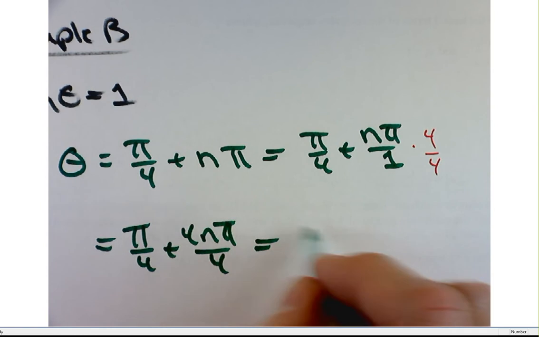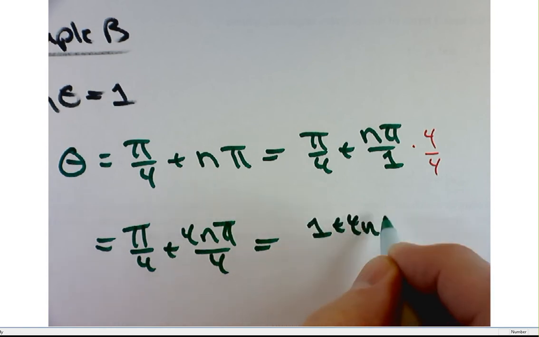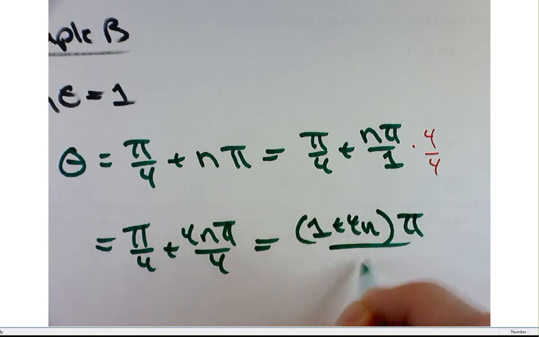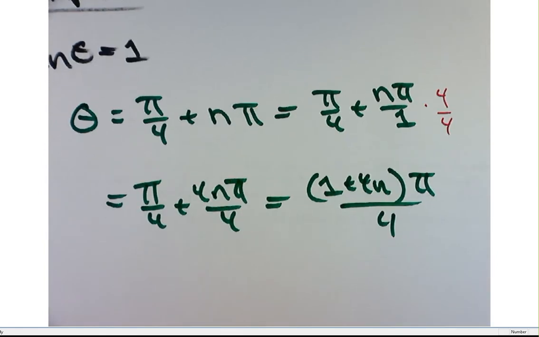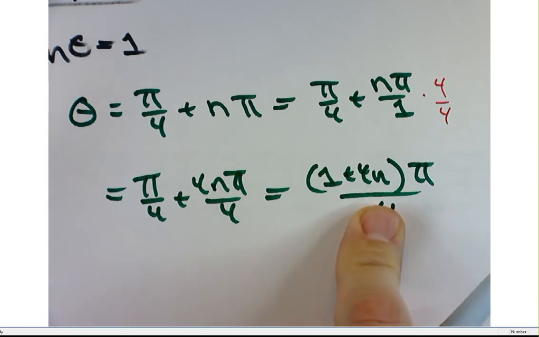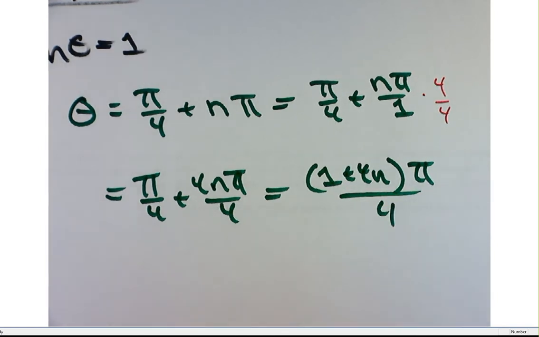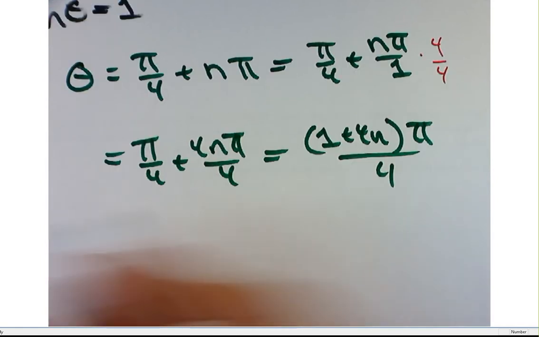And that all factors out pretty nicely. It's going to be 1 plus 4n times pi all over 4. And again, you can get your general solution. This is your general solution. That's it. I don't need 2 cases like I do for the graph of the sine or cosine. This is my general solution.